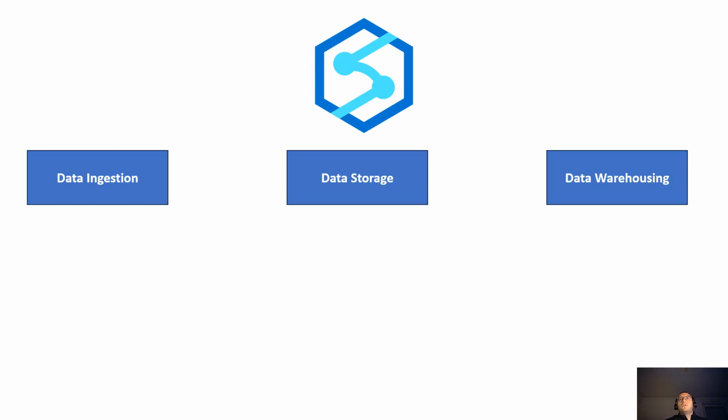It offers provisioned and on-demand resources to support different types of workloads. Synapse Analytics uses a massively parallel processing architecture, known as MPP, that allows you to scale resources horizontally to handle large datasets.